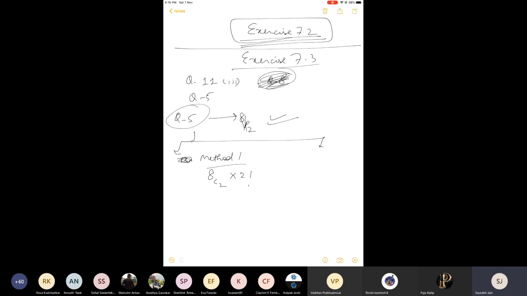The reason: whoever you have selected, let's say the persons are A and B, you cannot decide who becomes chairman. There are two possibilities. A can become chairman, then B becomes vice chairman. And if B is chairman, then A becomes vice chairman. That is why into 2 factorial.